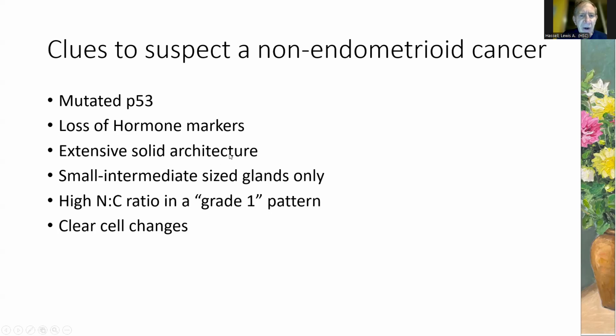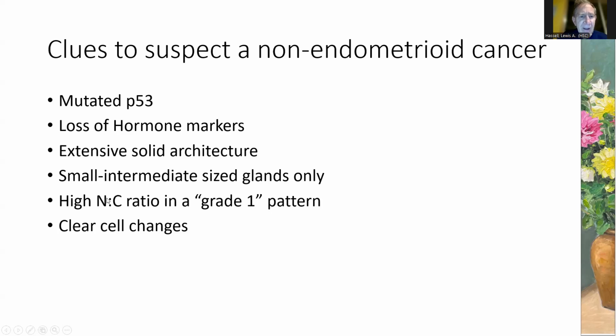So extensive solid architecture with high-grade nuclei should also clue you in. And then small to intermediate-sized glands only. Many of these mesonephric tumors tend to have fairly uniform, small to intermediate-sized glands. This particular case did not really have that pattern because it was more a villiform or a large glandular pattern.